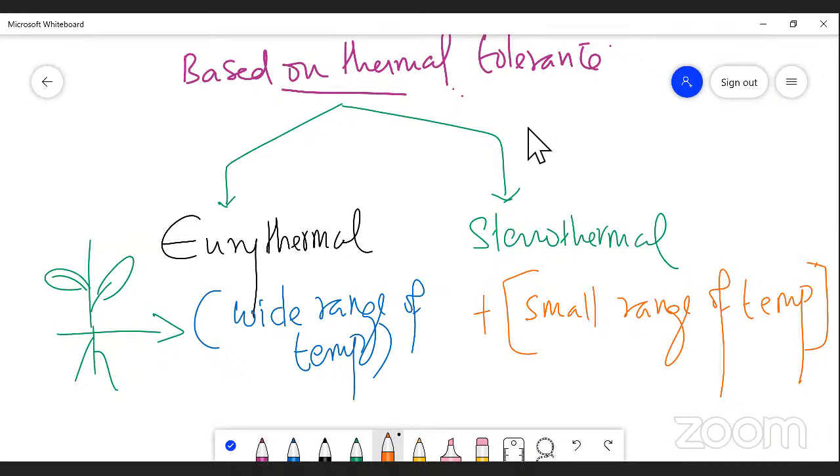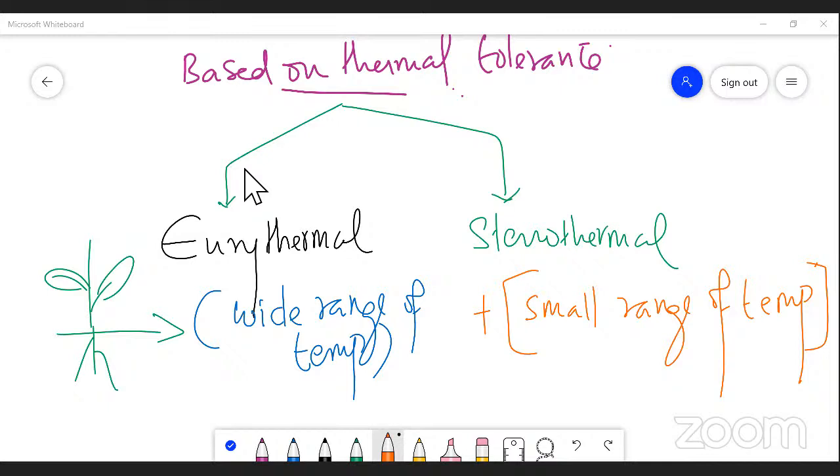Stenothermal and eurythermal. Dear student, did you understand eurythermal and stenothermal? How did you make the difference between them? First of all, did you understand eurythermal? Yes, sir.